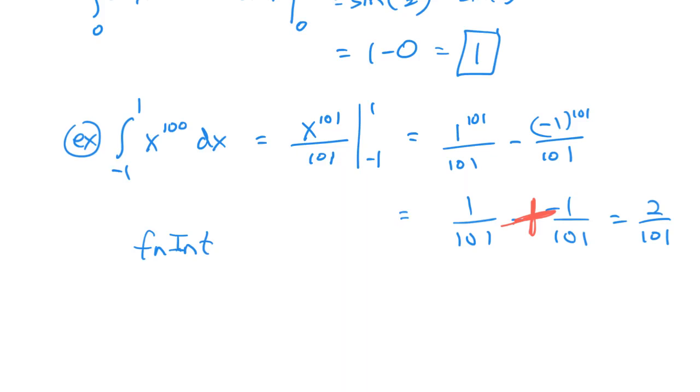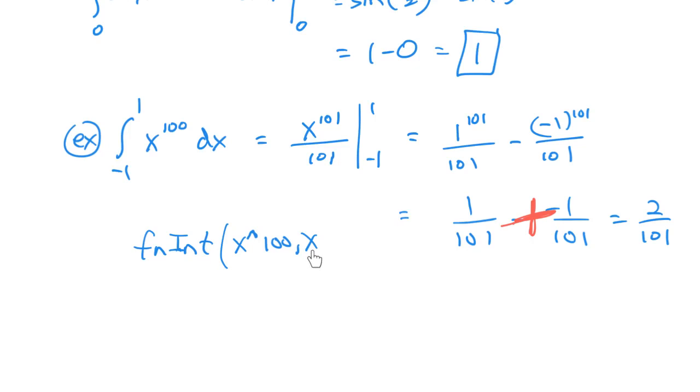And just in case you don't remember, to press this definite integral command, you press the math button and go down to number 9. And if you have MathPrint, it's really self-explanatory. If you have the older version, you just have to type x raised to the 100 comma x. Remember, this is the variable we're going to integrate with respect to.